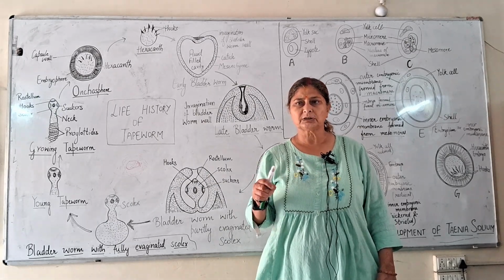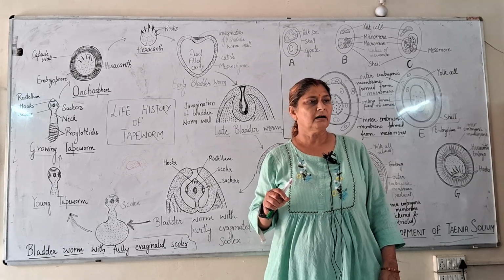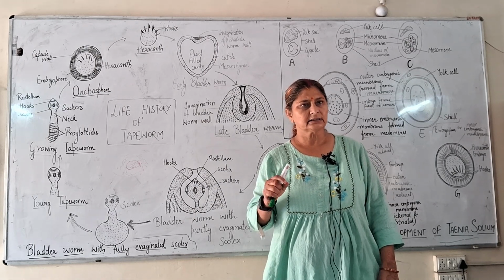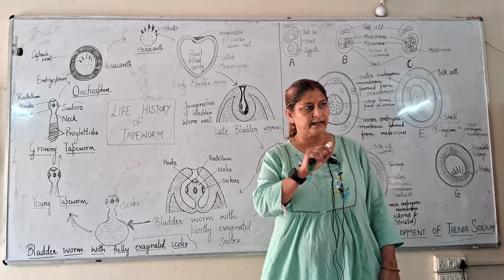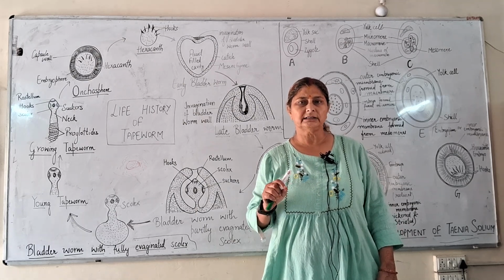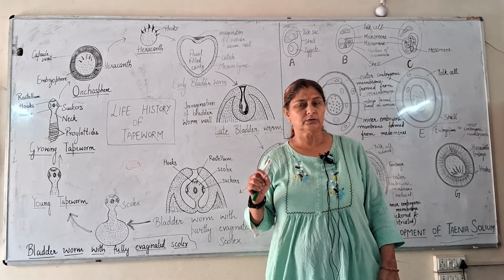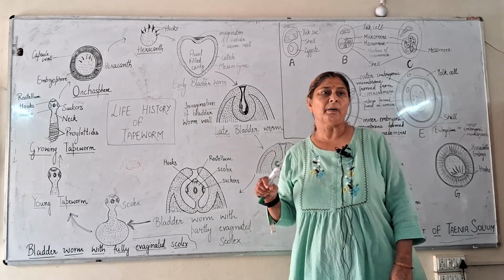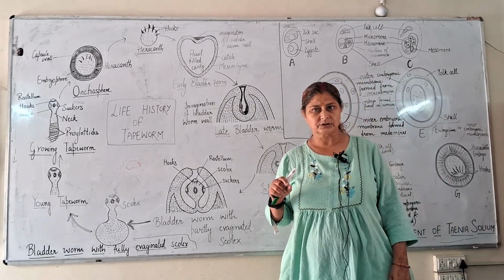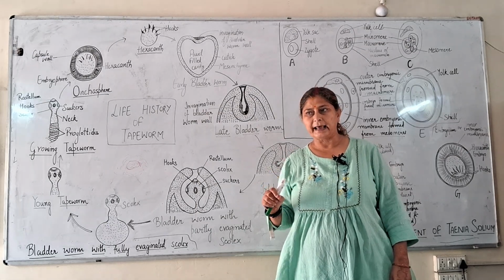After that, the sperms are shed by the cirrus. The cirrus contains a duct in between, called the ejaculatory duct. That ejaculatory duct sheds the sperms into the female parts, and in the ootype fertilization takes place.